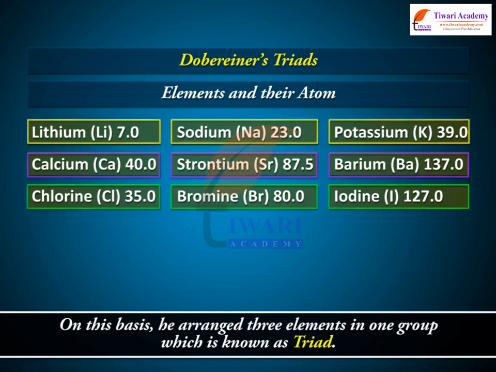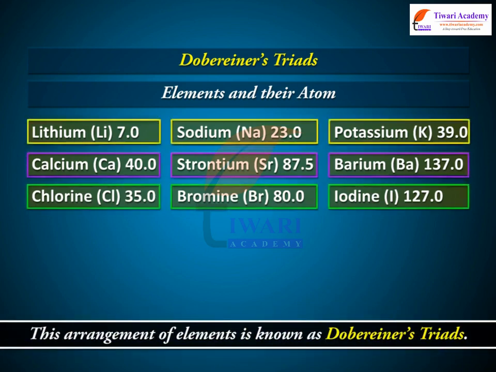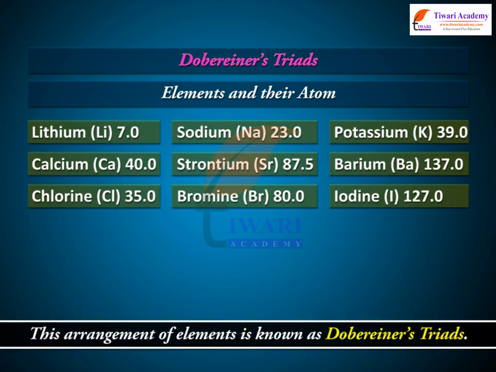On this basis, he arranged 3 elements in one group, which is known as a triad. This arrangement of elements is known as Dobereiner's triads.